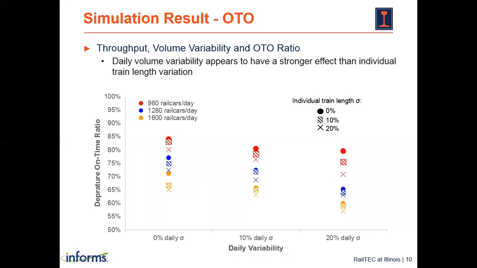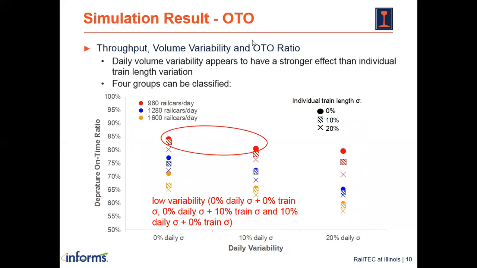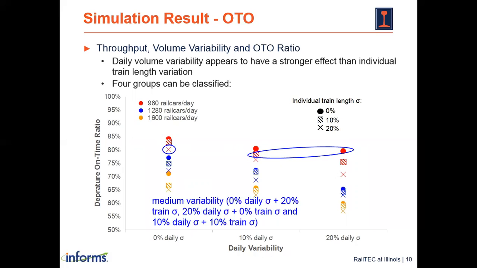Based on the level of service, four performance groups can be classified. First, low variability with small or no variation, which results in ideal output, but is hard to achieve in reality. Followed by medium variability with some variation in either daily volume or individual train length, or some variation in both, which also maintains good yard performance.